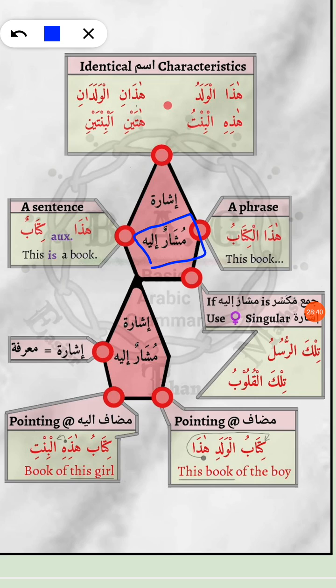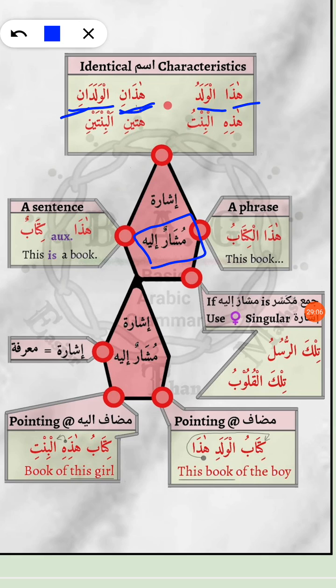Okay, so for example, if you have al waladu and you want to point towards it, of course you're going to use the word haza. Not hazihi or anything else, because haza is used to point towards an ism that is masculine grammatically. Similarly, hazanil waladani, the two boys. Now this is two, so you're going to use hazani. This is rafa, so you're going to use the rafa pointing noun.